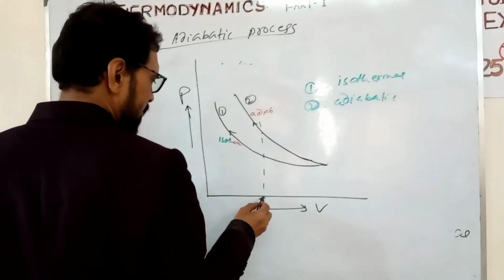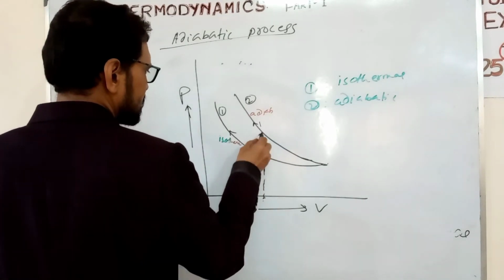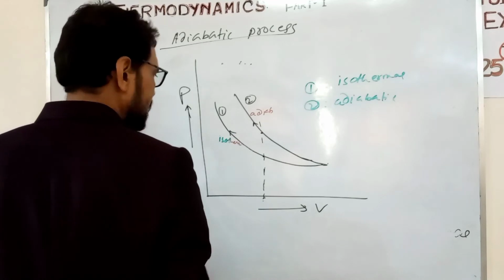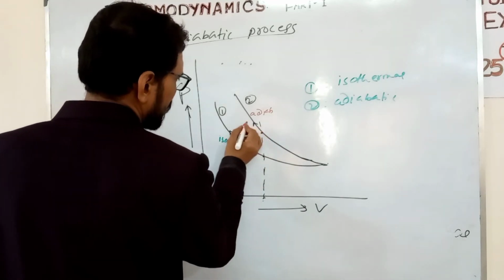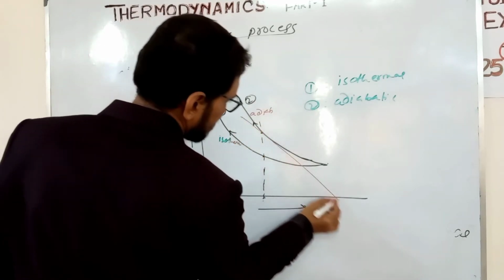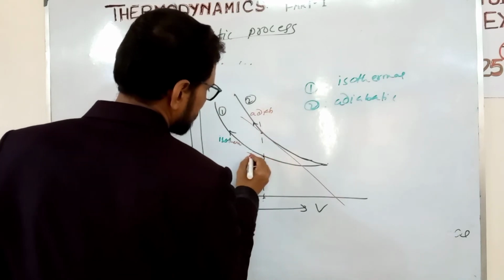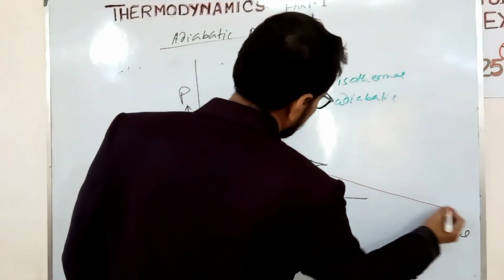Suppose at a particular value of v we take this point and this point, so the slope of this will be this and the slope of this at this point will be this.